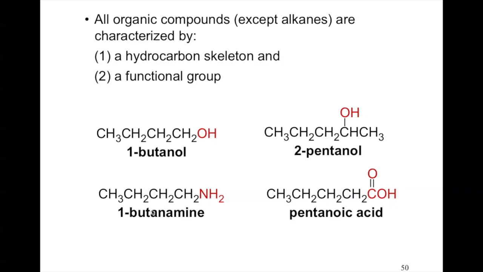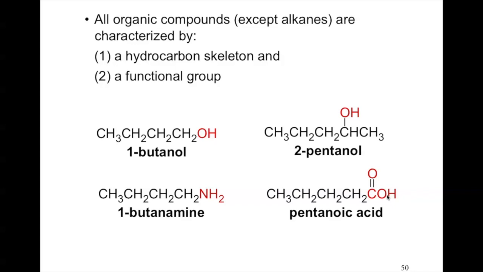And this is just one example. 4 carbons long is butane. The carbon-hydrogen bond is broken, you form a carbon-nitrogen bond. So we would name this butan, drop the E, and add amine, A-M-I-N-E. 1-butanamine.